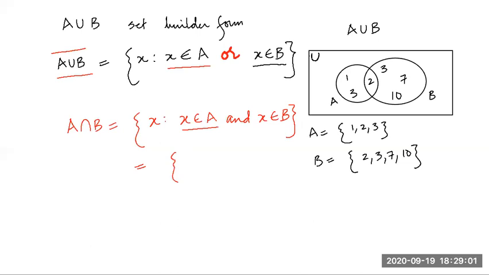Students, can you tell me what will be A intersection B? Any student? All the numbers which belong to A as well as to B, so they are obviously the common numbers. So what is common between A and B? Come on, students. 2 and 3. 2 and 3.